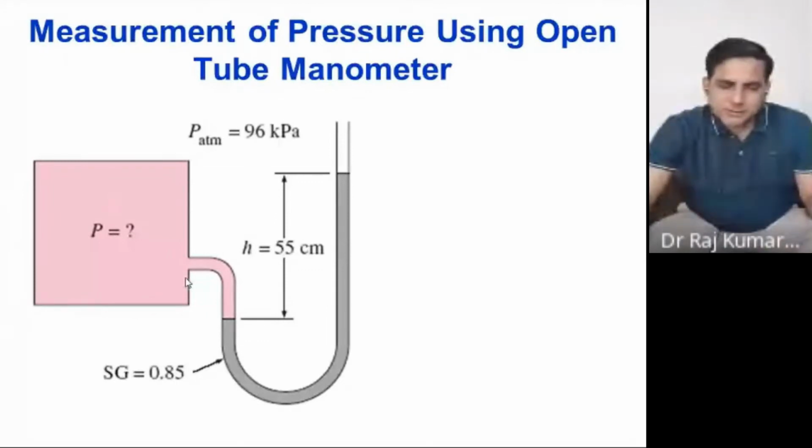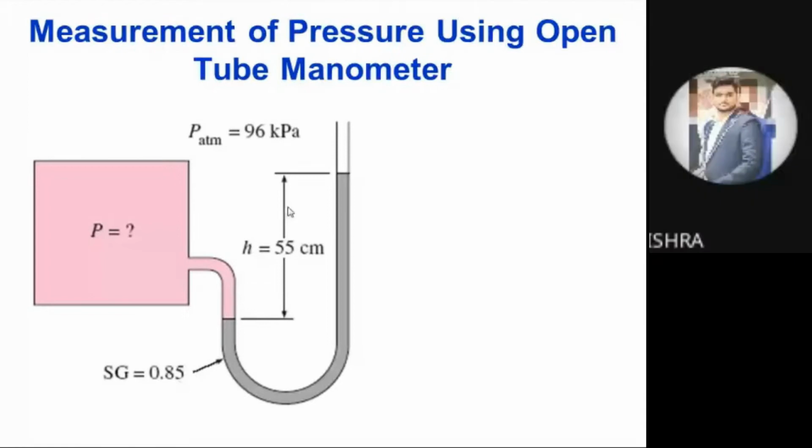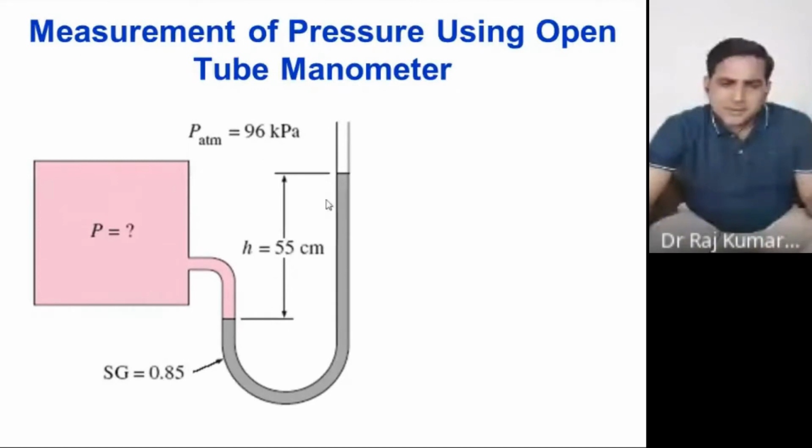So at this point where both fluids interact, the pressure is P. Now you are going up by this, so P minus 0.55 meter, multiplied by g, of this fluid 0.855 multiplied by 1000 kg per meter cube. And here the pressure is 96 kilopascal, so that must be subtracted here. So you will get the pressure inside the tank.